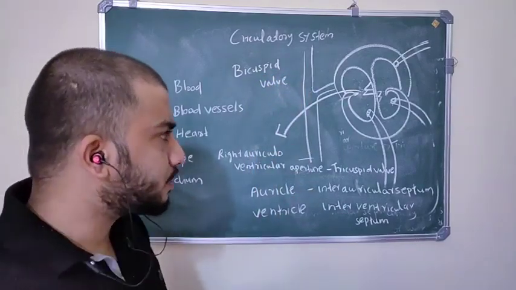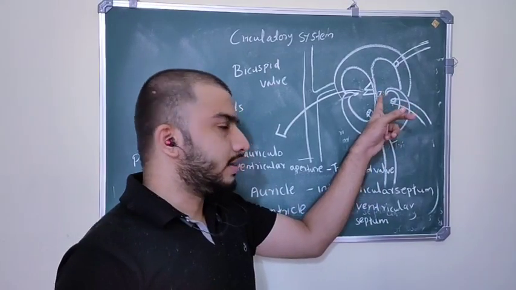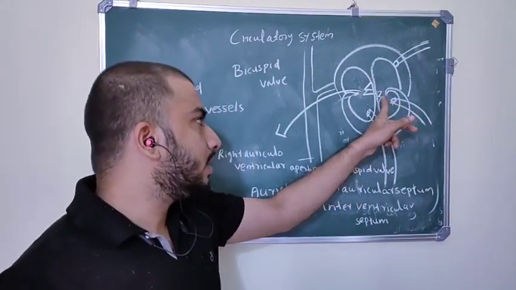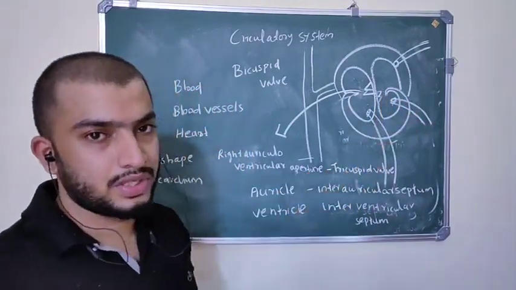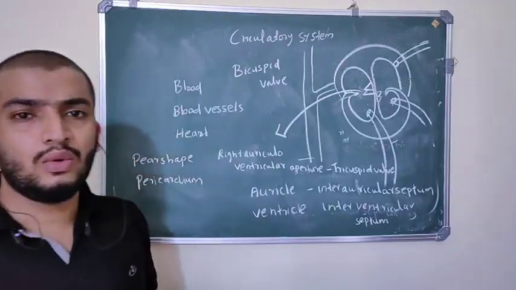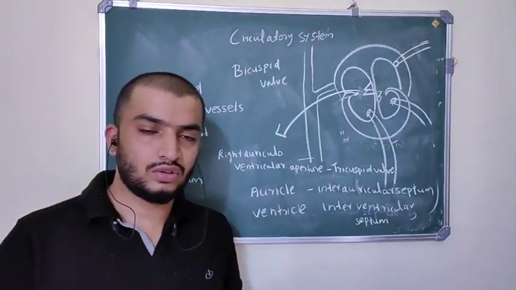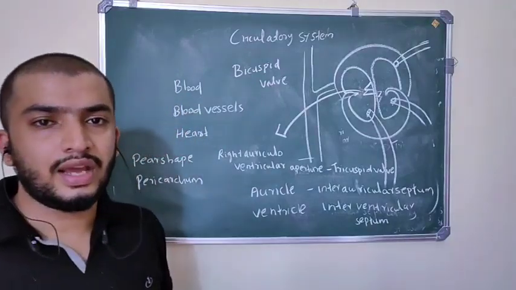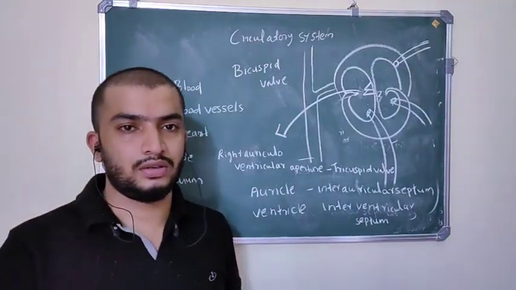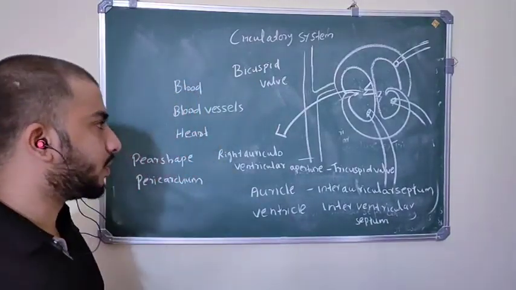So where is the bicuspid valve present? Here, in the left auriculoventricular aperture. Also, semilunar valves are present in the pulmonary artery and also the aorta.